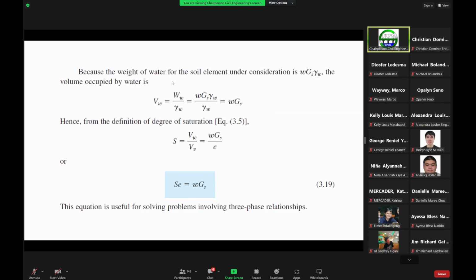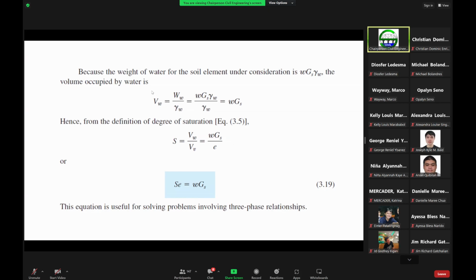Because the weight of water for the soil element under consideration is given by this formula, based from the phase diagram, then the volume occupied by water can be given by this formula as well, wherein we know that the unit weight of water is equal to the total weight of water divided by the volume of water.